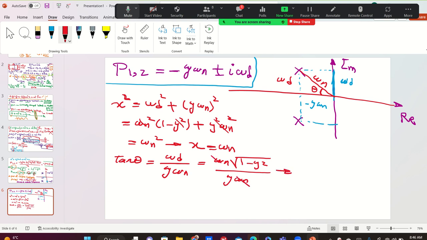You can find that the angle is the tangent inverse of a function of the system damping ratio. It only depends on the damping ratio. I don't care whether the system is an RLC, a tank of water, whatever. See what I'm saying?